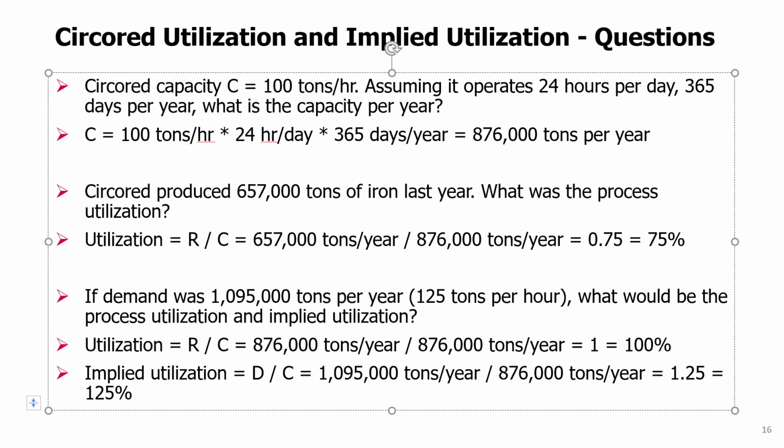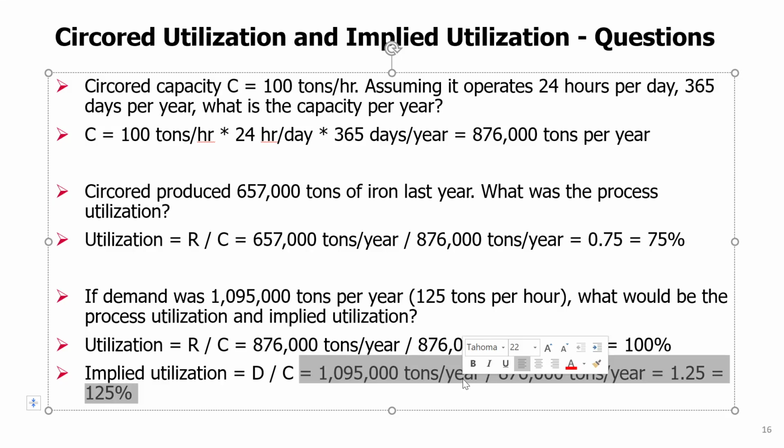So utilization would be 100%. We would be working at maximum possible flow rate, equal to capacity. But implied utilization tells us that if we had a way to increase the capacity by 25%, we could then satisfy the whole demand in that year.